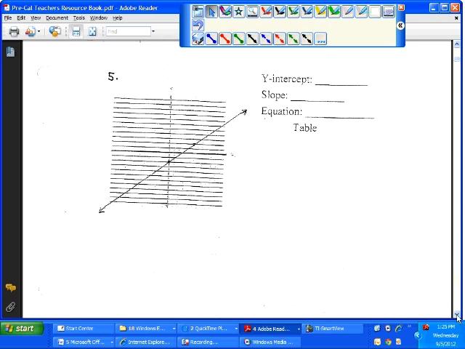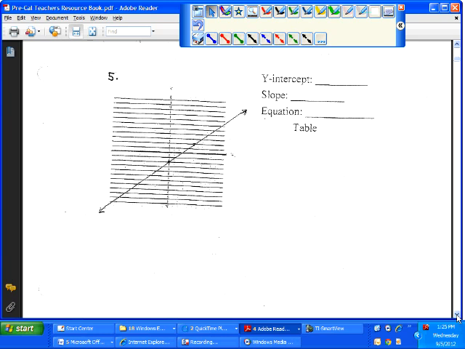What we're doing on number 5 is we're taking a graph and we're coming up with the slope, y-intercept, and equation. Now, you'll find this on page 97B of your textbook, and it actually says to find the slope and y-intercept, you look with your eyes. It really does say that on page 97B.